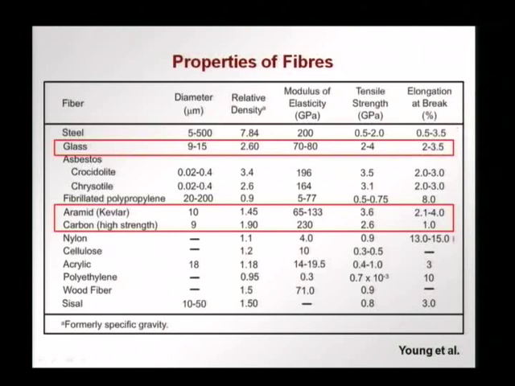Then we have other fibers also which are polymer based like nylon, cellulose, acrylic, polyethylene. Some natural fibers, wood fibers have also been used in some composites. Sisal is again a natural fiber. However, the composites that we use in strengthening and retrofitting applications are basically reinforced with glass or high strength carbon fibers, and to a limited extent with aramid.